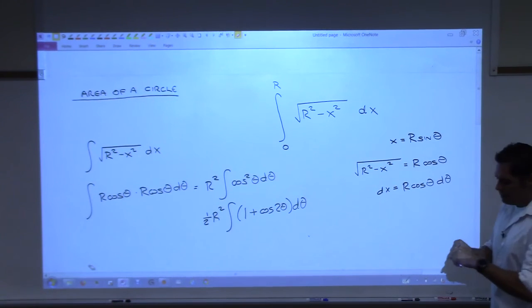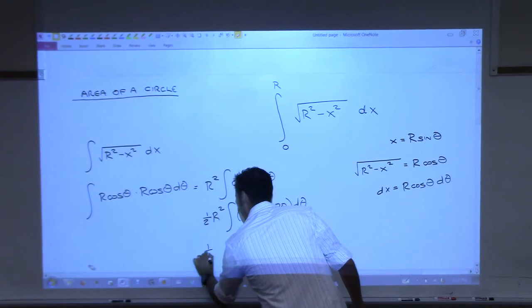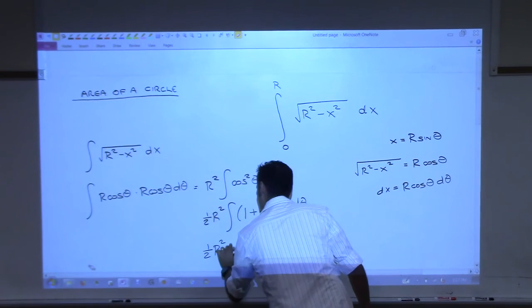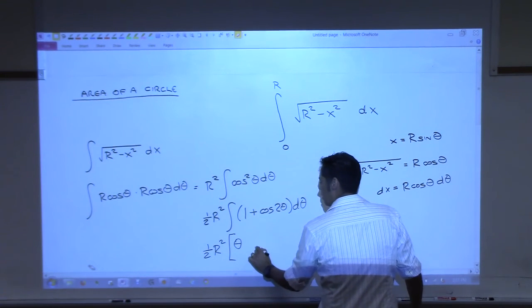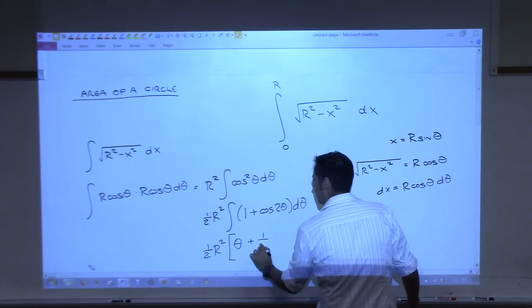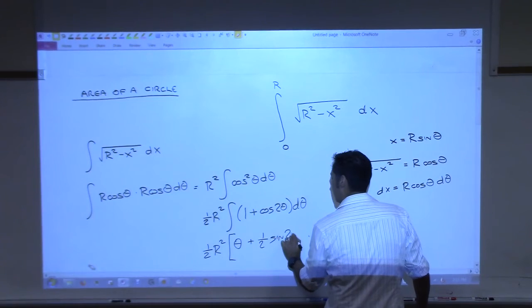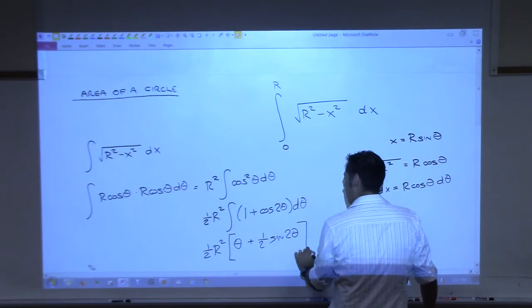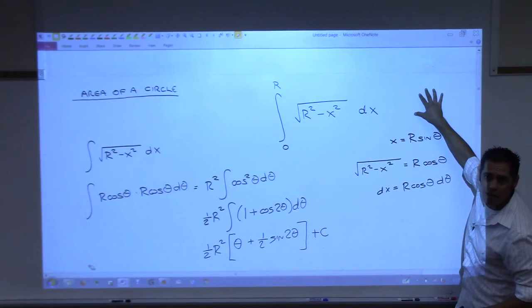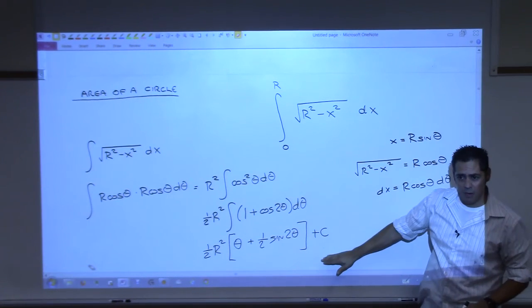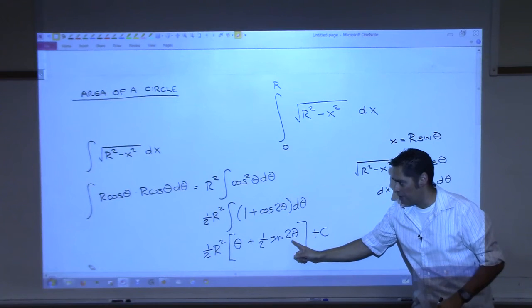Okay, what's the antiderivative of that? So no more integral sign. Antiderivative is theta plus, yep, 1/2 sine 2 theta, right? Plus a constant. Now, I realize I'm not going to need that constant over here, right? But are y'all all right with that so far? Now, we've done this several times, right?